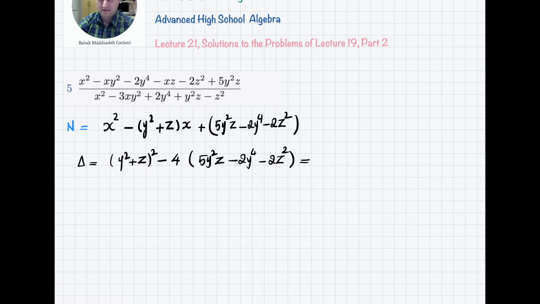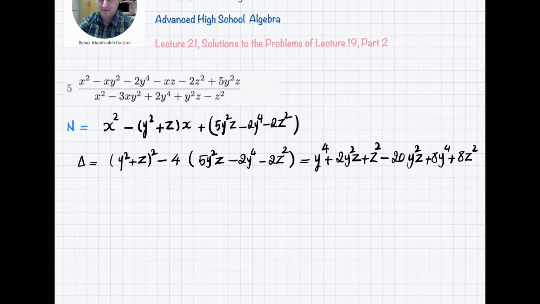I use the quadratic rule to raise this to power 2, so it becomes y to the 4, 2 times the first one times the second one, and then the second one to the 2. And then I multiply minus 4 inside, so it gives me minus 20 y squared z, positive 8 y to the 4, and finally positive 8z squared.